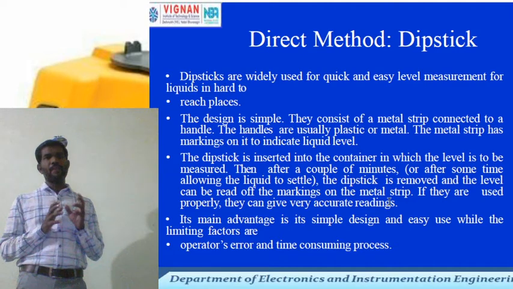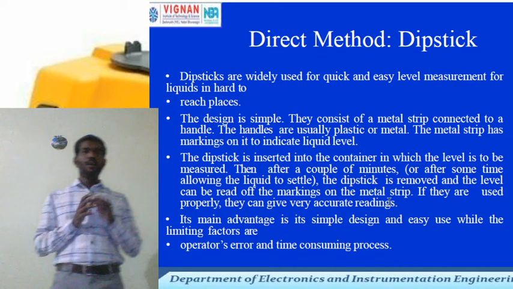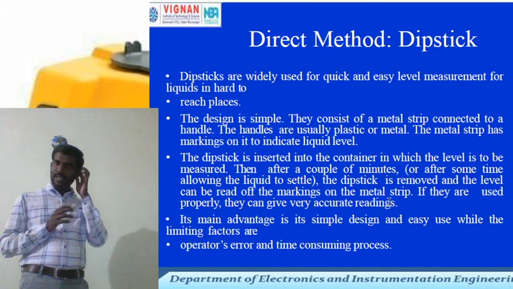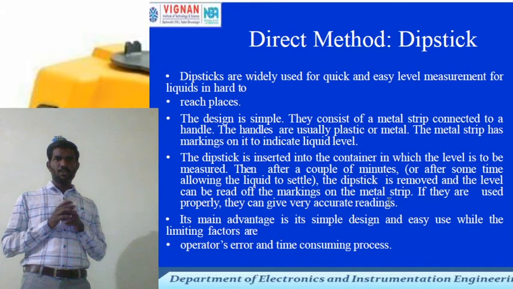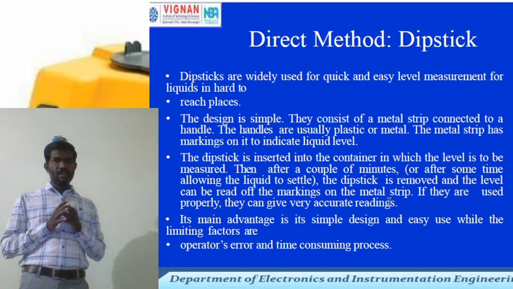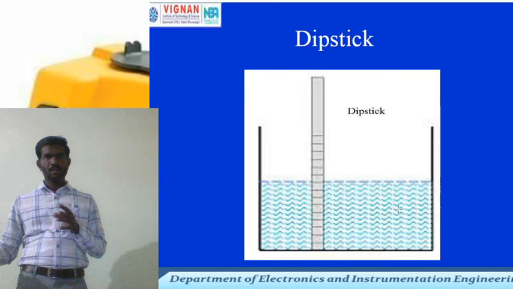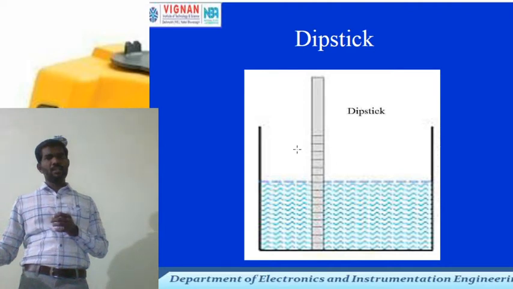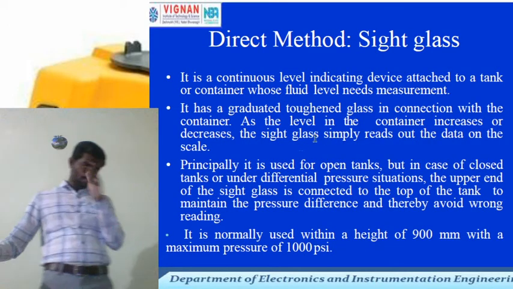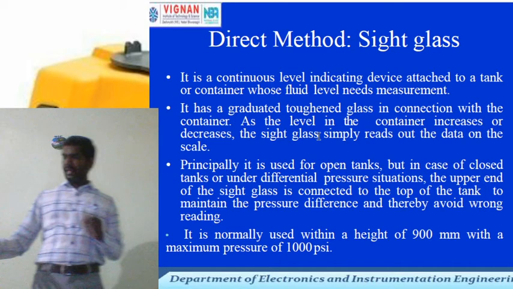The main advantage of this dipstick method is that it is simple in design and easy to use. The limitation is that it always produces operator's error and is a time consuming process. Okay, so this is a dipstick. It is immersed into the liquid, and directly we measure the level, which is also one of the direct level measurement techniques.